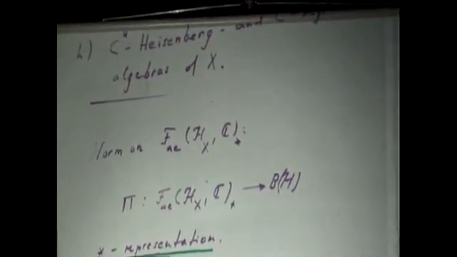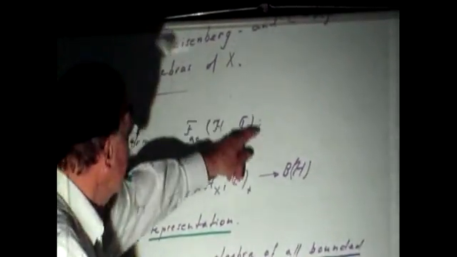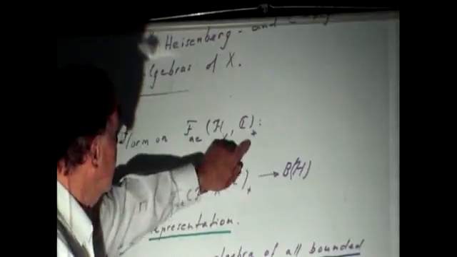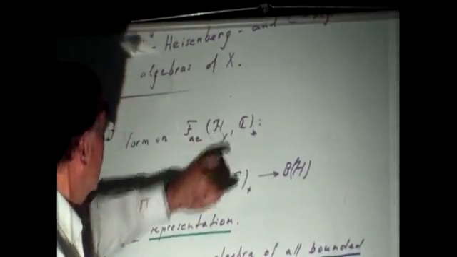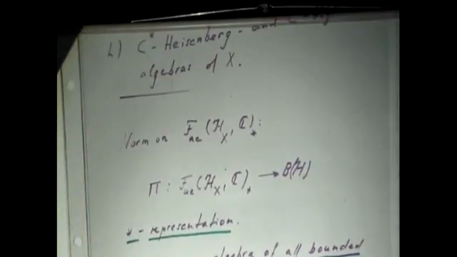Now, what norm shall we use on this group algebra of H cross X, this enlargement of H?